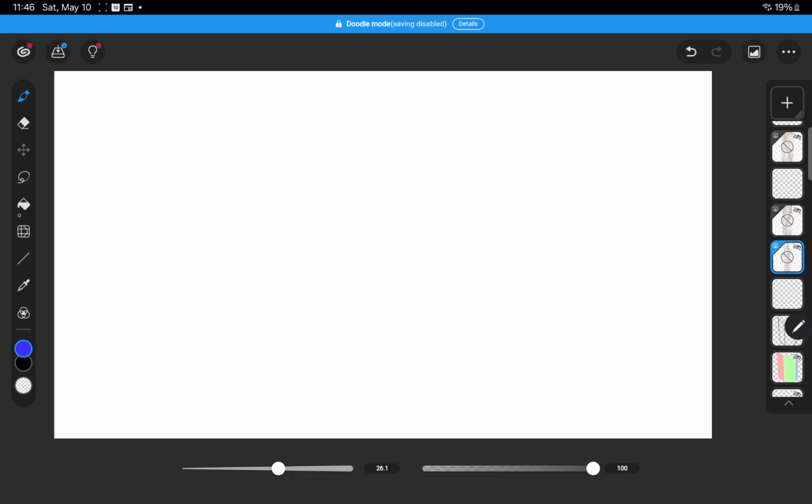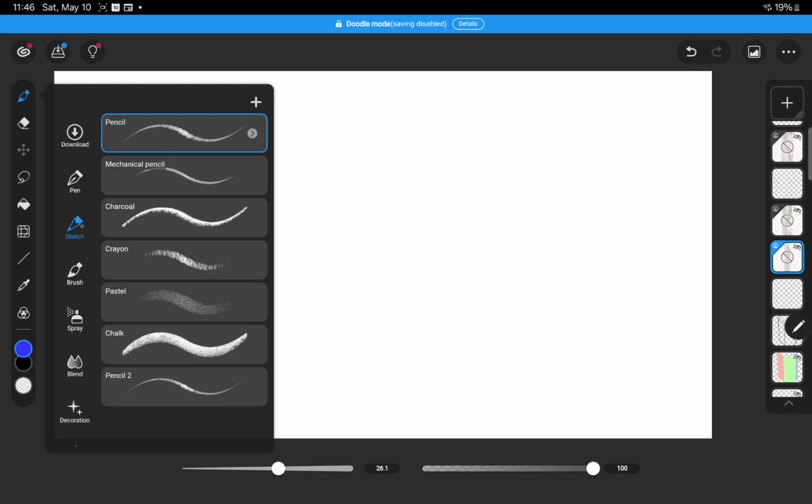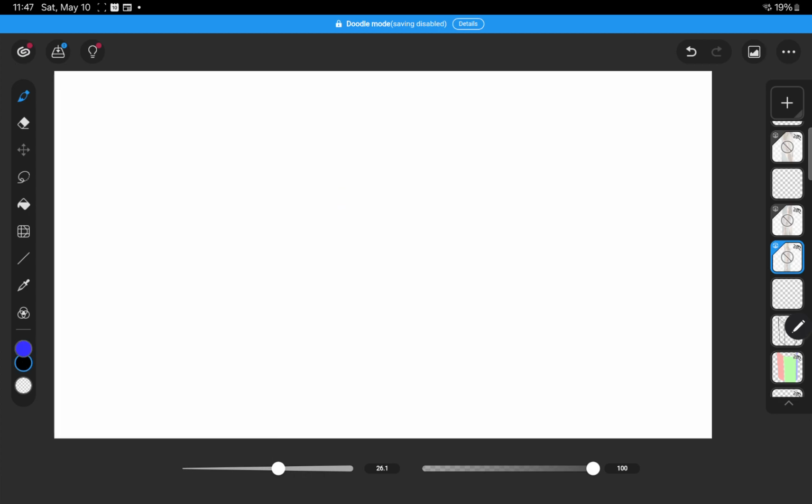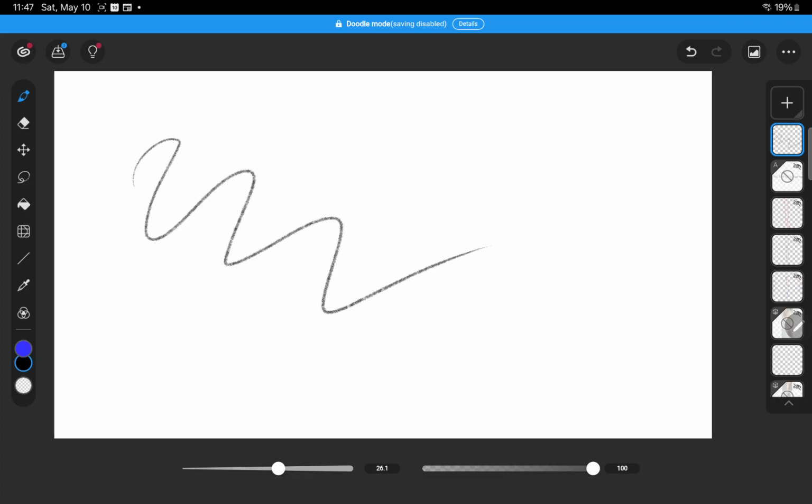Actually, I didn't have any of these poses, so I guess I'm just going to draw them. So the flexed arm. All right. Are we good? Yes, we are.